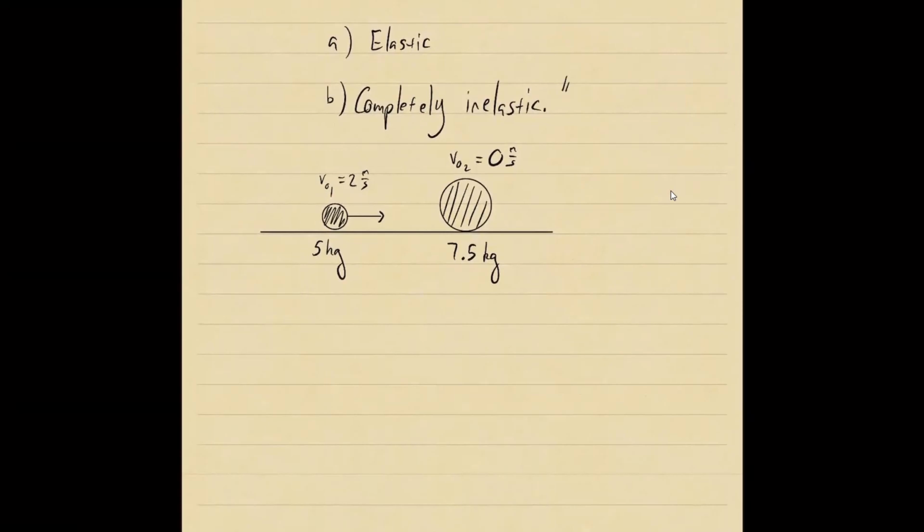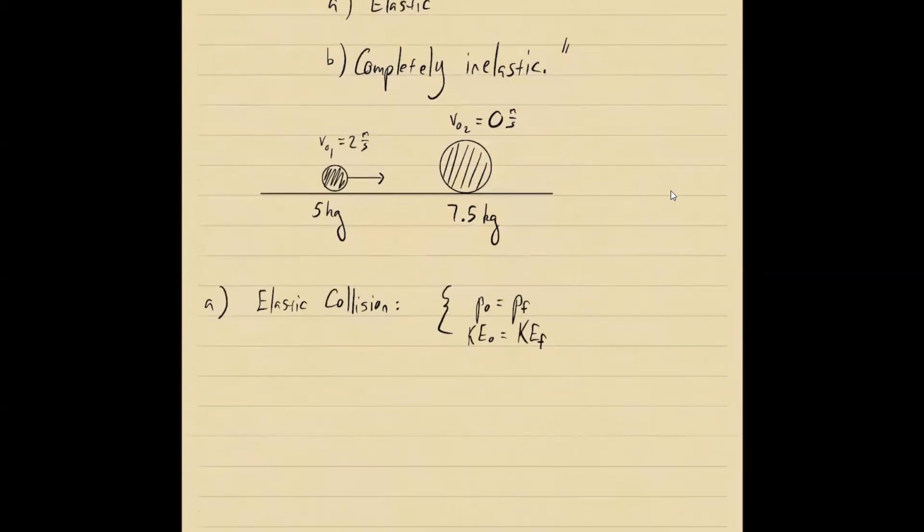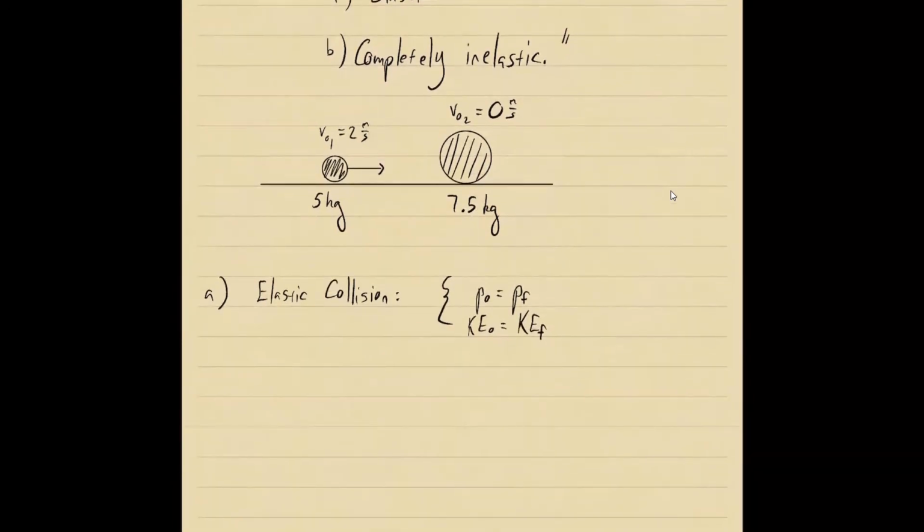So let's start by looking at part A. For part A, we're dealing with an elastic collision. The way that we're going to solve this is by using the fact that both our momentum is conserved as well as our kinetic energy. So our initial momentum is going to be the momentum of ball 1 plus the momentum of ball 2.